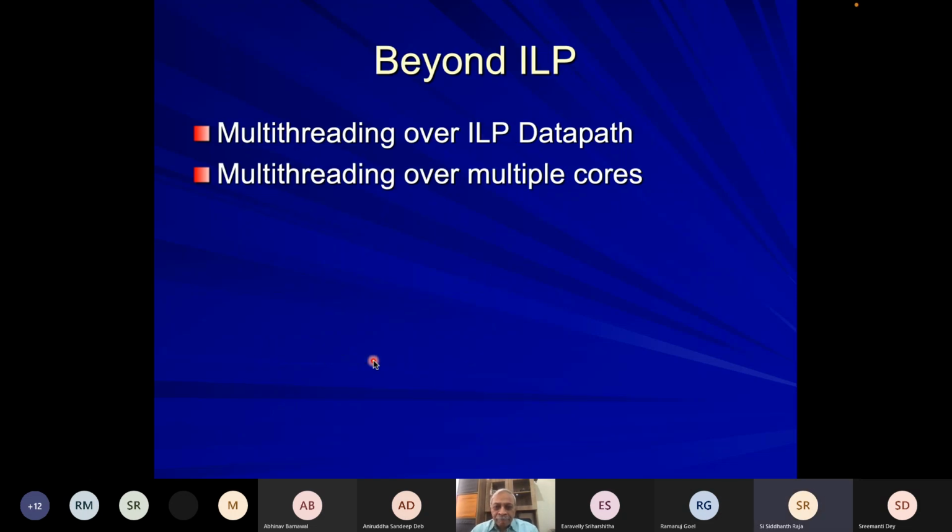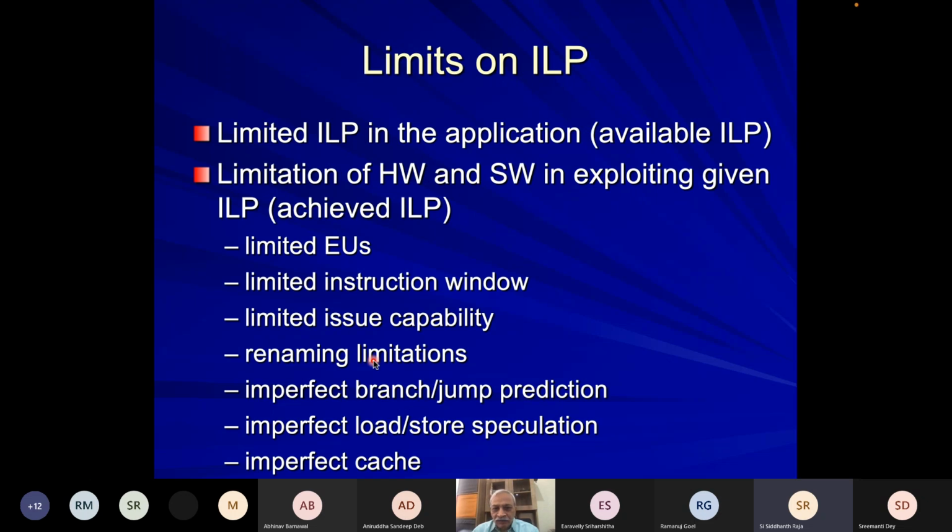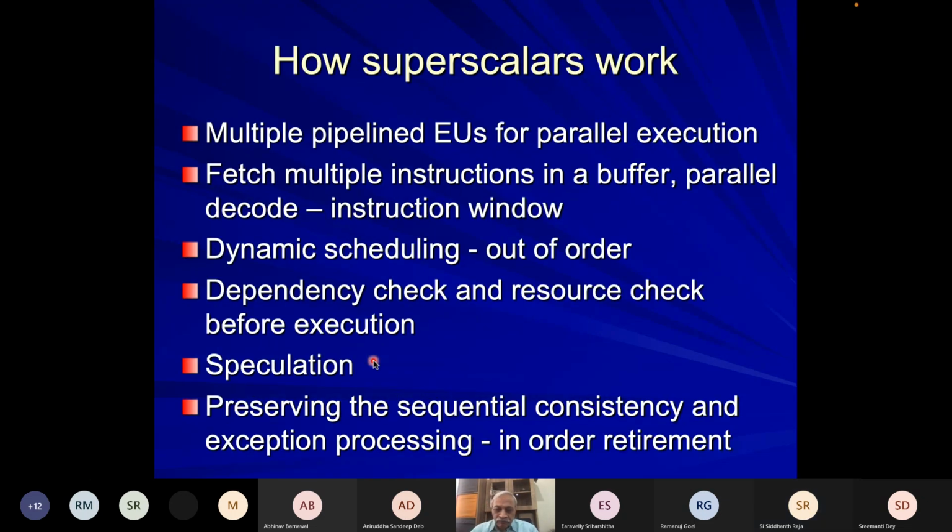Sir, could you repeat in order retirement once more? In order retirement basically is that you may execute instructions in an order which is different from the original order, but you hold back the updation of the state till the end.